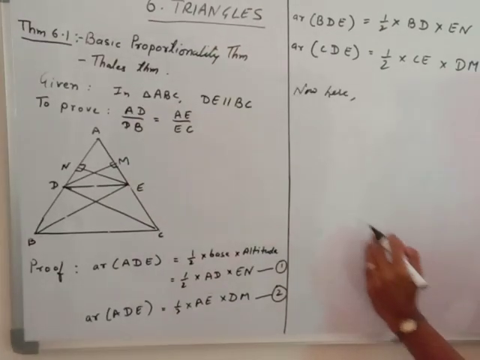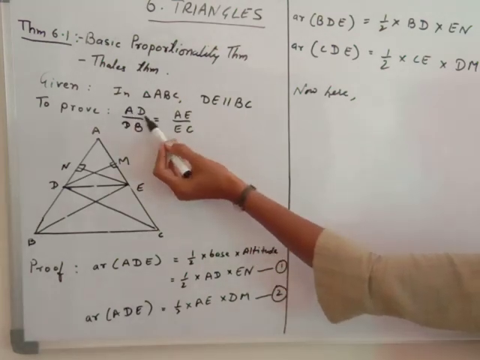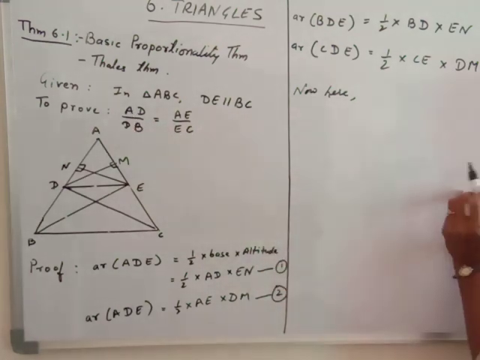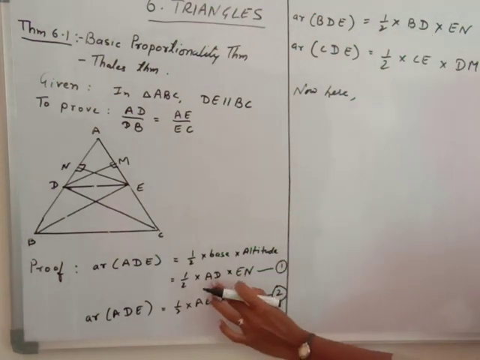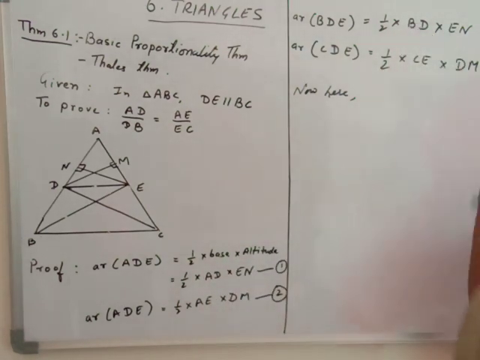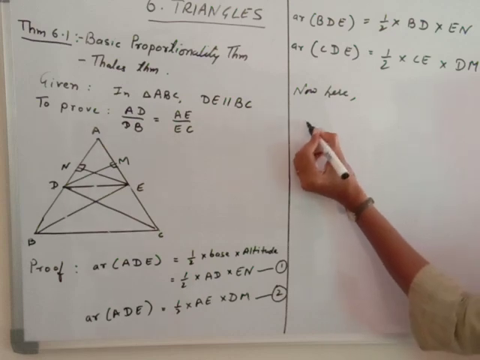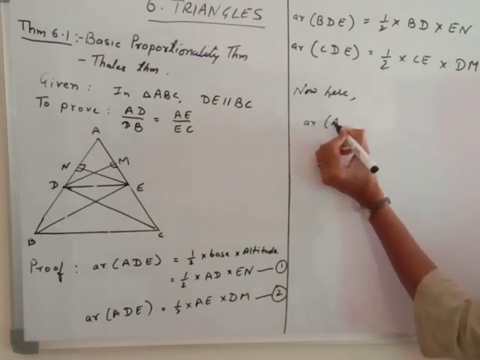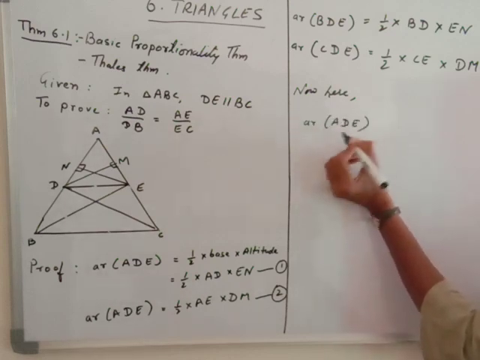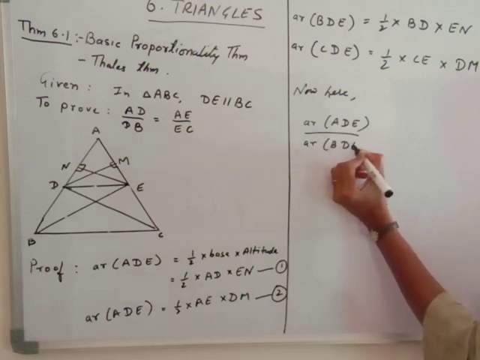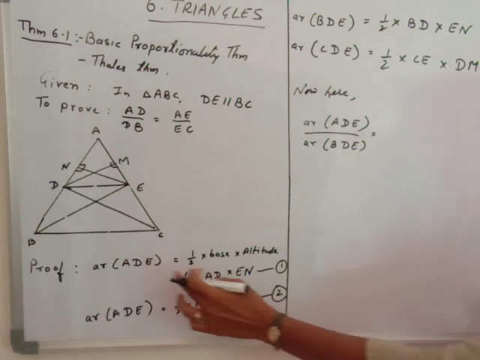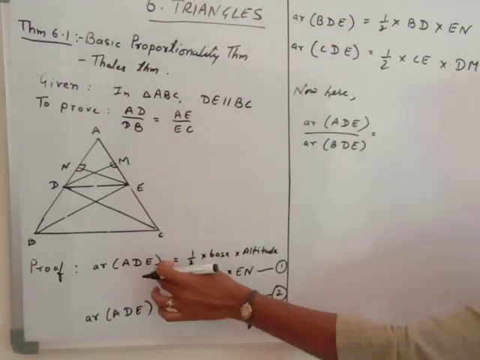Now in this, I have to prove AD upon DB. DB means BD. BD or DB is the same thing. That means I need AD divided by BD. So what I will do, I will write like this: area of triangle ADE upon area of triangle BDE. Again the question arises, why am I writing this upon this, why not this by this?